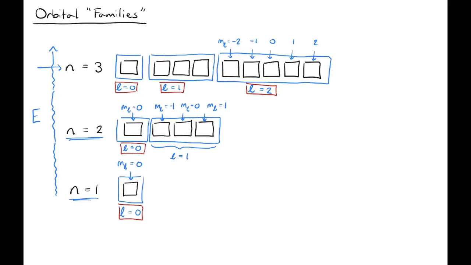That letter that we're going to define for that subgroup here is S. So we talk about S orbitals being orbitals that live in the subshell where L equals 0 in terms of our quantum numbers. So we have an S subshell here in the second energy level as well, and an S subshell here in the third energy level too. All right. So this is one subgroup that we can identify.